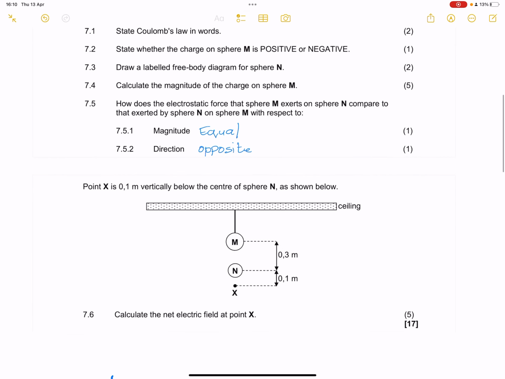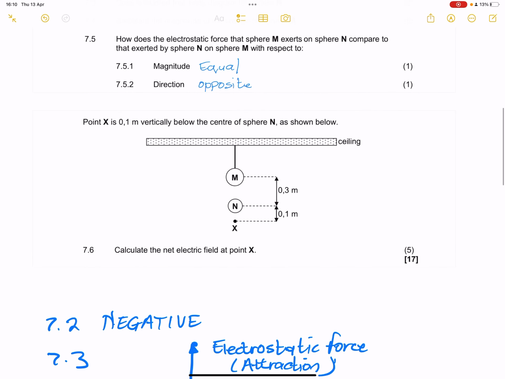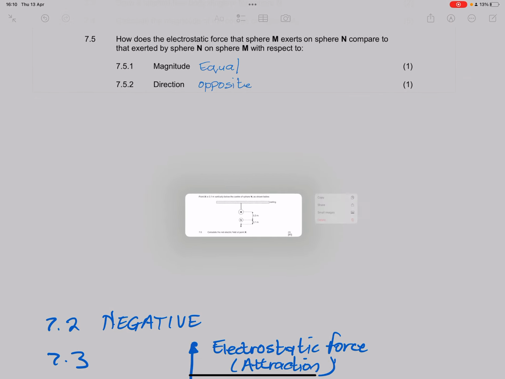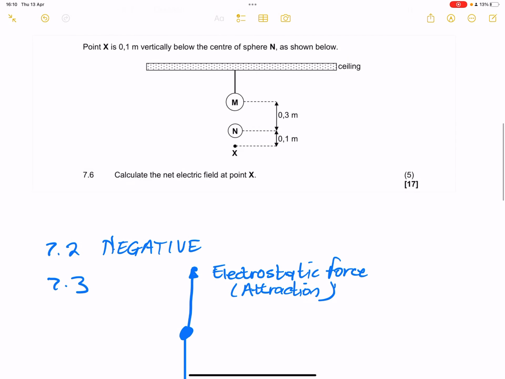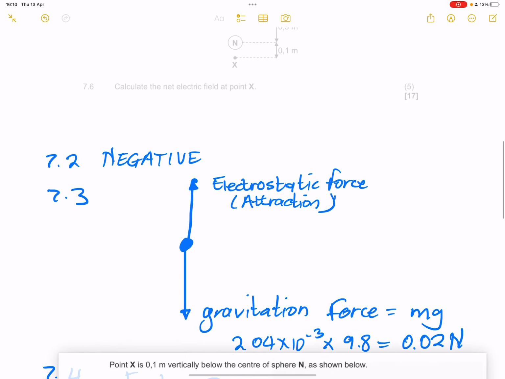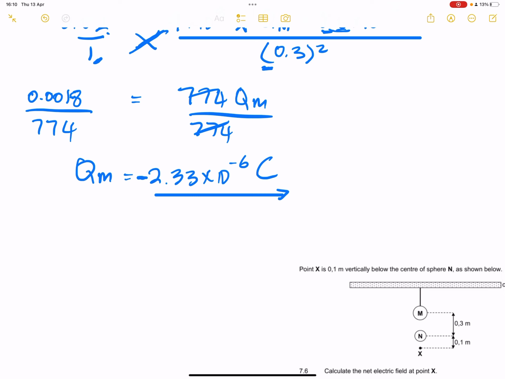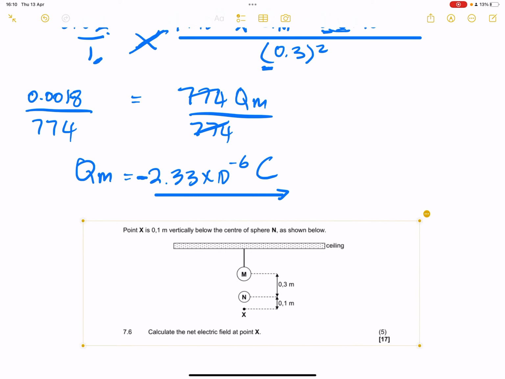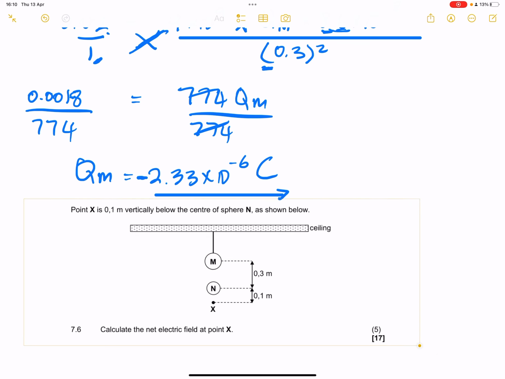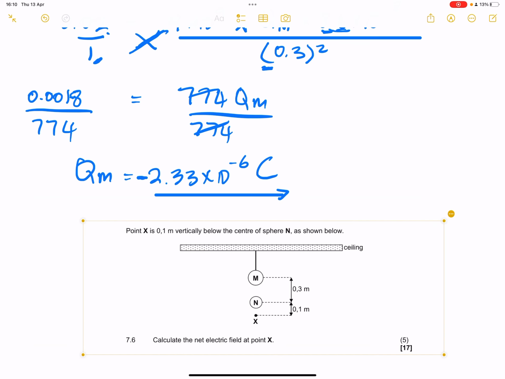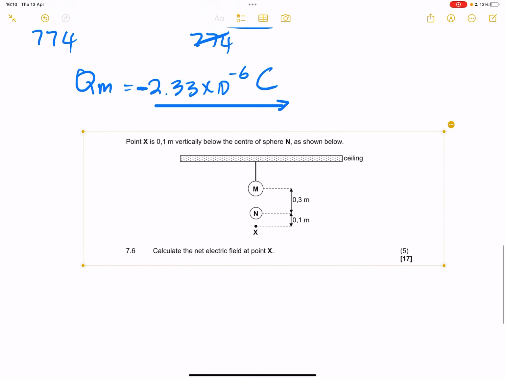Right, and let's go on to the very last question. In fact, I think it would be prudent to take that a little bit below there so that it's easier for us to work with it. So the last question: they say point X is 0.1 meters vertically below the center of sphere N, as shown below.